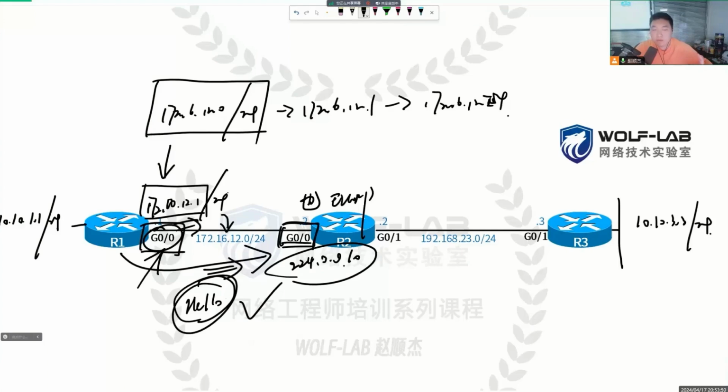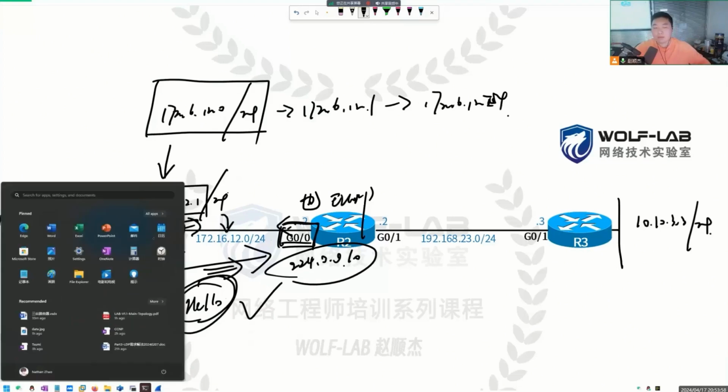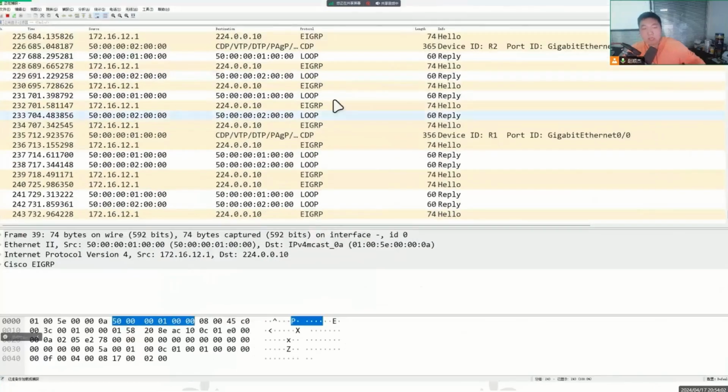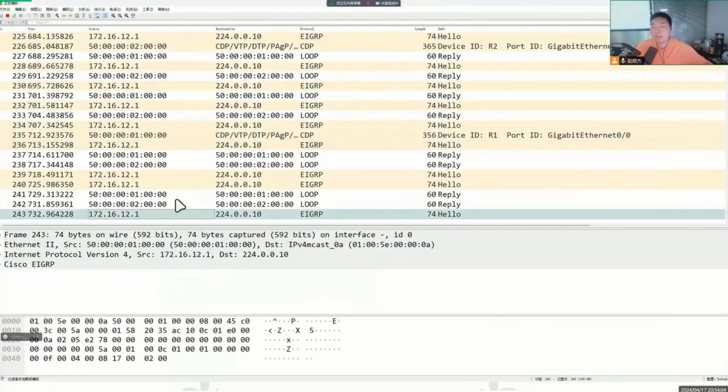Having said that, after the interface runs EIGRP, our corresponding direct route of the interface can be put into the EIGRP database. Now let's go back to R1 and see show ip eigrp topology.